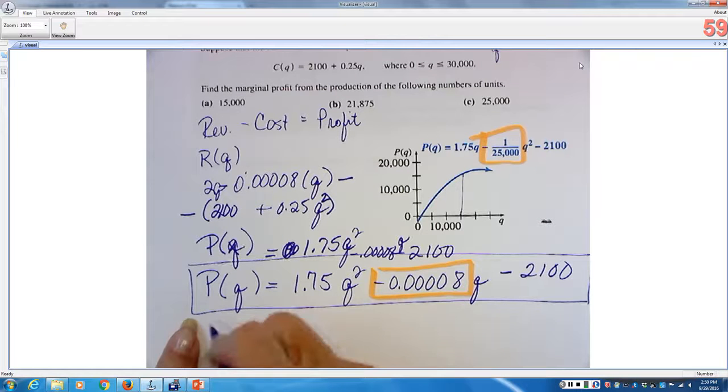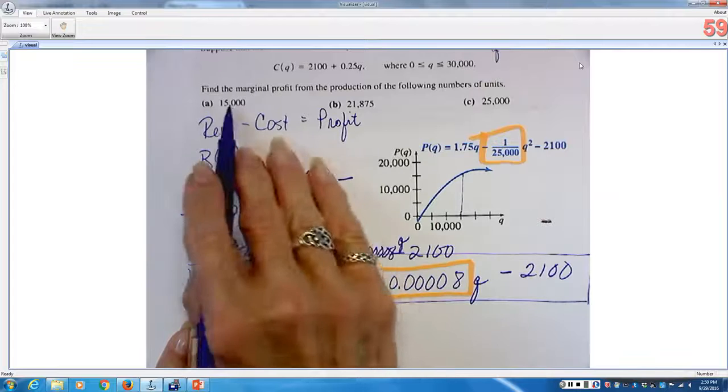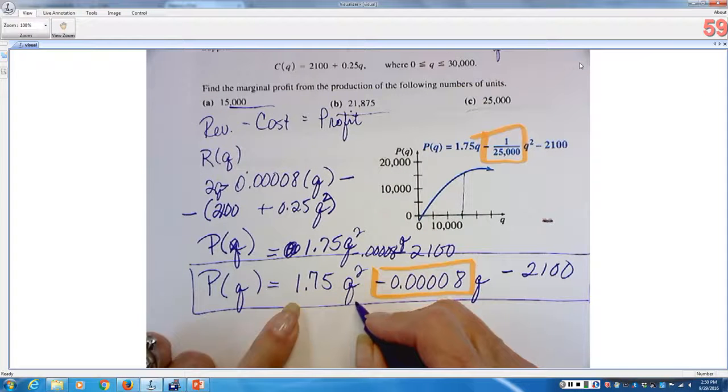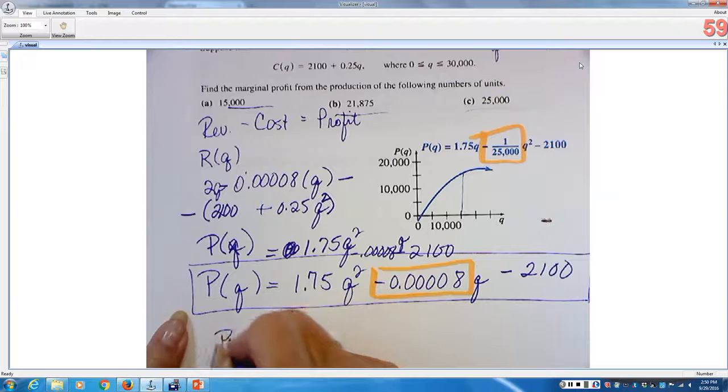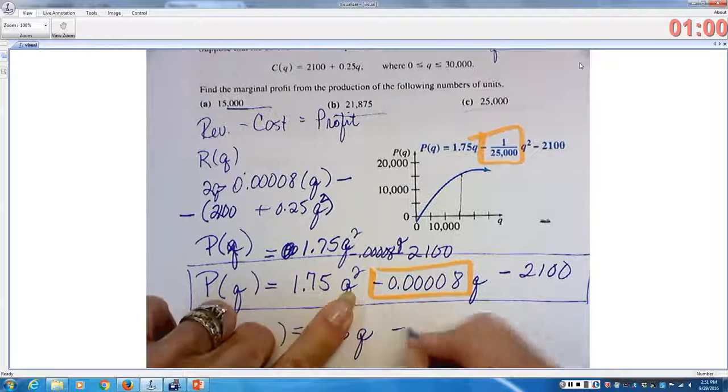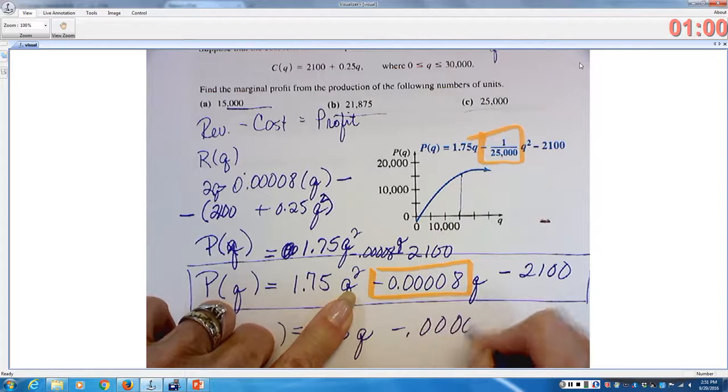Okay, so all you need to do to find your marginal profit at any of these numbers, and we're not going to finish this up, I'm going to let you do the arithmetic part of it, but you're going to have to take the derivative of this. So your marginal profit is going to be 2 times 1.75, which is 3.5 Q, minus 0.00008.